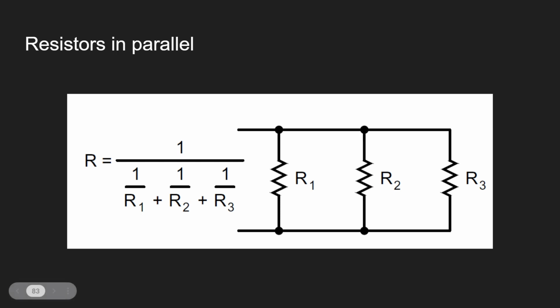Reciprocal of reciprocal. Or if you are not familiar with it, you can remember this form: 1 over R equals 1 over R1 plus 1 over R2 plus 1 over R3 plus and so on. Okay, you can memorize it in this way.